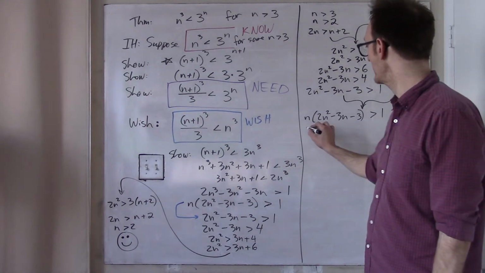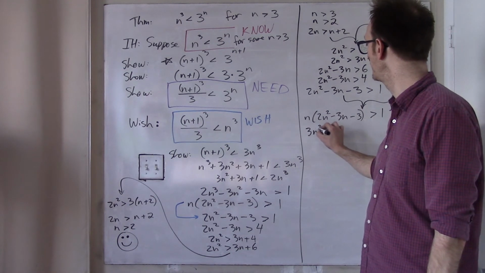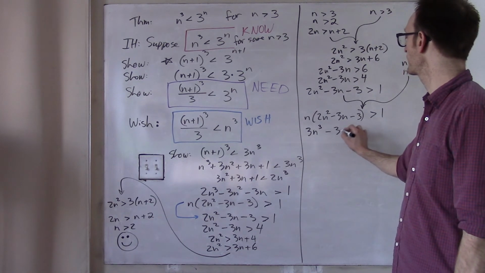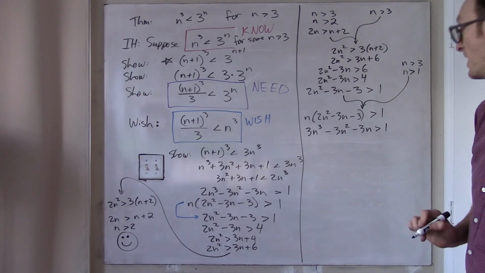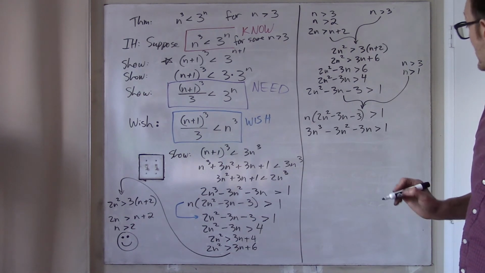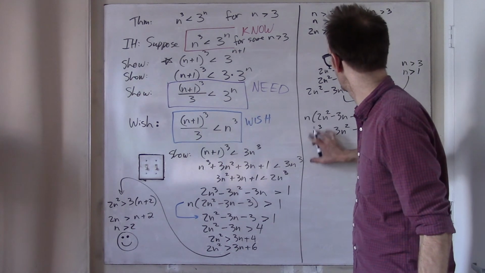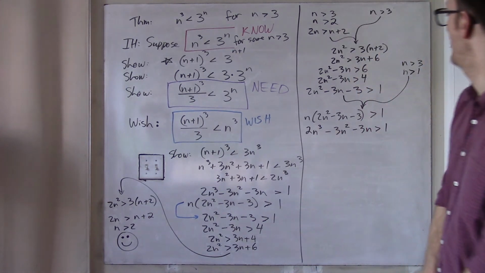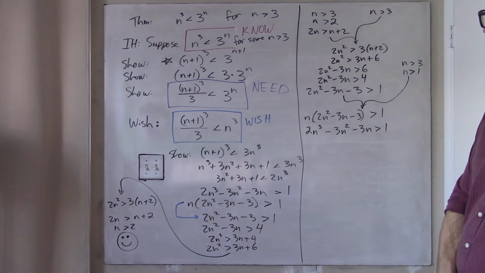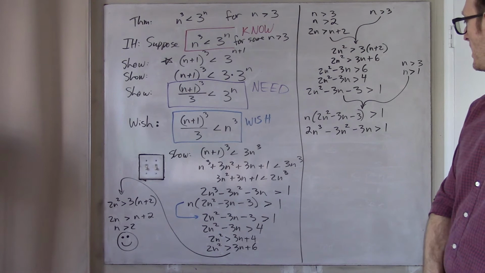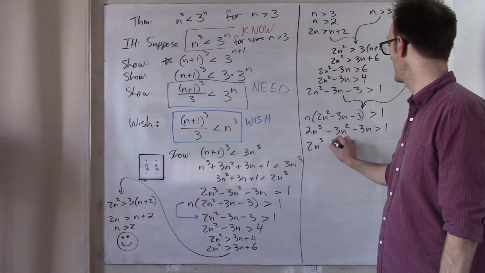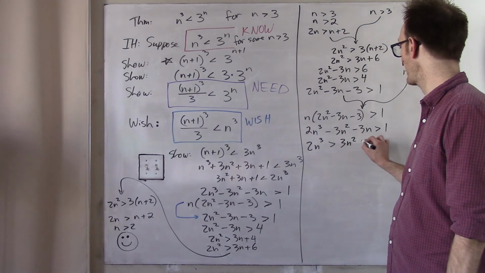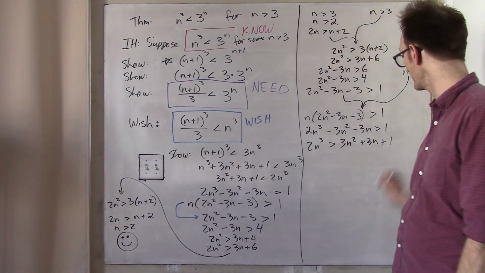So now that is 3n cubed minus 3n squared minus 3n is bigger than 1. No, that should be a 2, sorry. 2n cubed minus 3n squared minus 3n is bigger than 1. Now I move all that stuff over, so 2n cubed is bigger than 3n squared plus 3n plus 1.